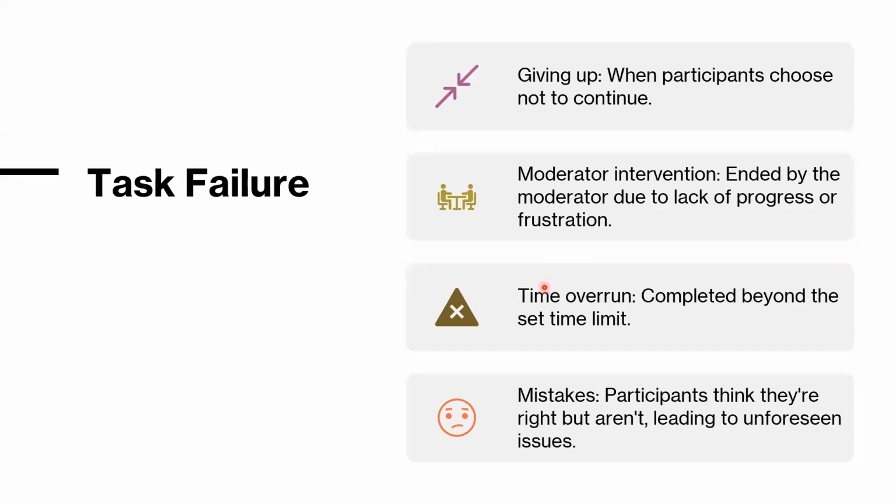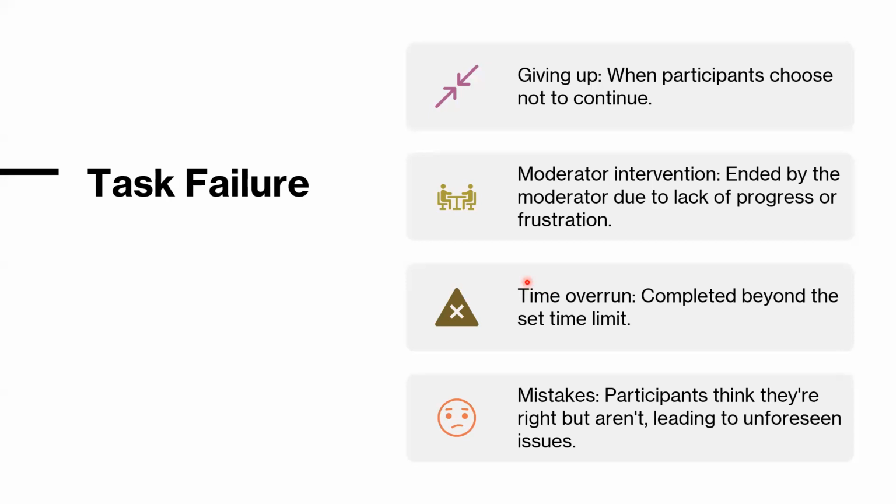Mistakes: sometimes users make mistakes but don't know they did. In that kind of situation, the moderator can remind them, or we will consider this case: the user basically completed the task, but didn't realize that they made a mistake.